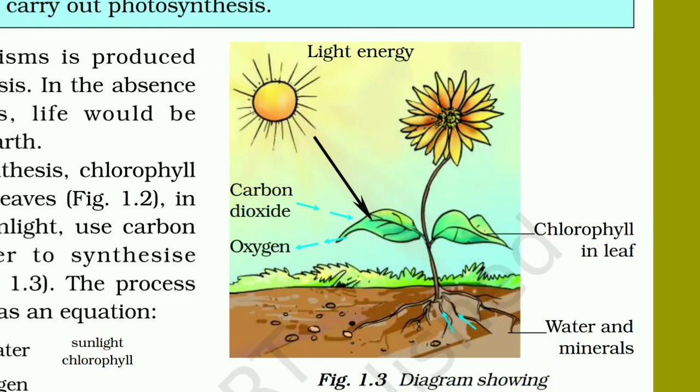In this diagram you can see that the plant is taking water and minerals from roots that are fixed in the soil, and carbon dioxide is taken from the atmosphere. After the process of photosynthesis the plant produces carbohydrate and oxygen. The carbohydrate is stored in the plant in the form of starch, and oxygen is released into the atmosphere.